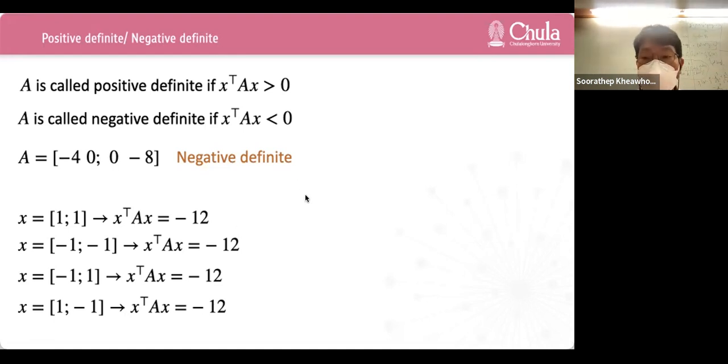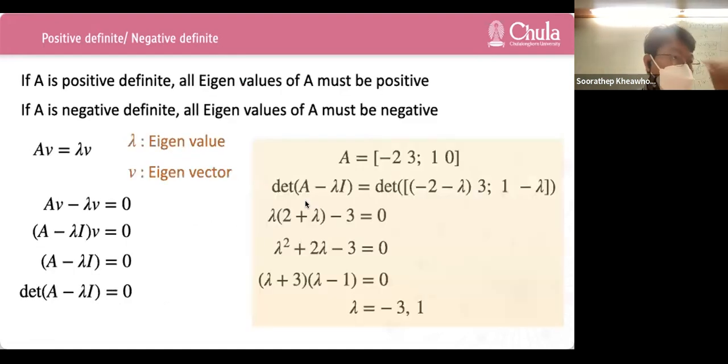So to test it, it's better to use the eigenvalue, because for a positive definite matrix, all the eigenvalues must be positive.